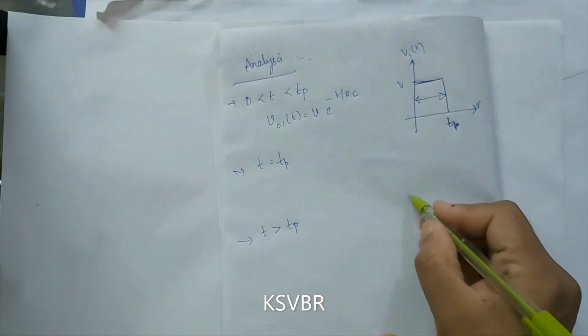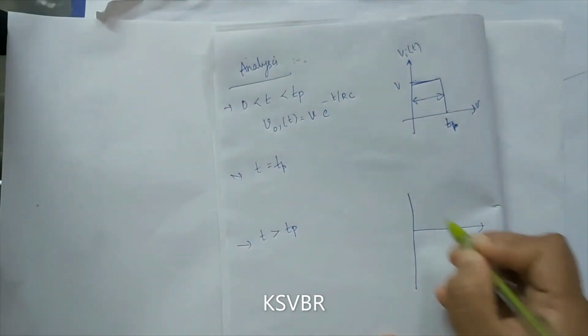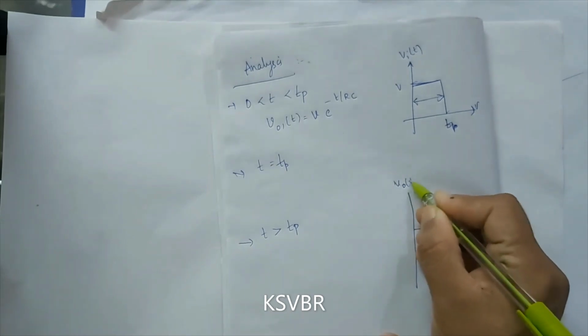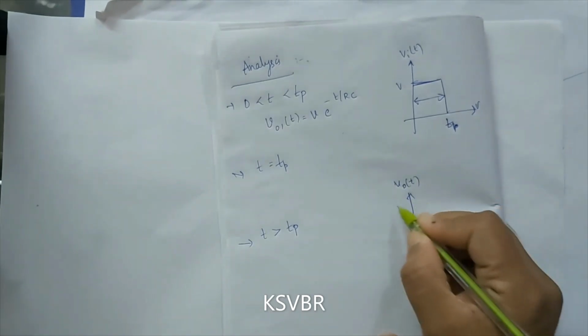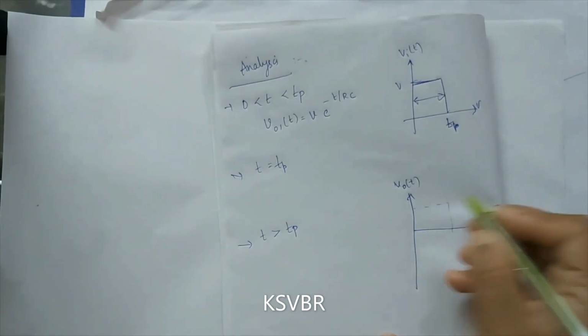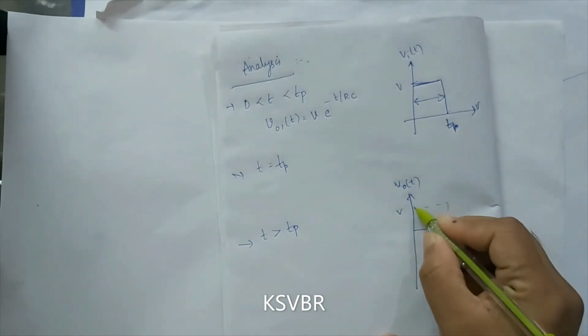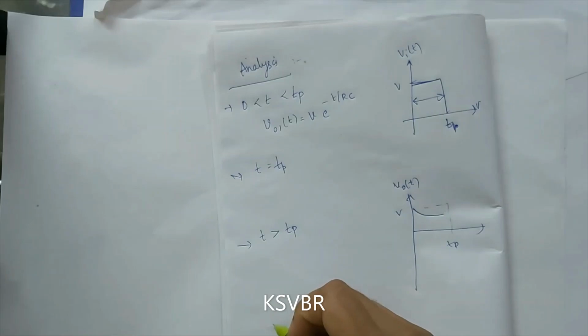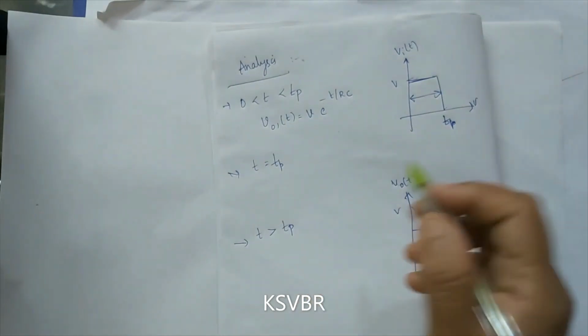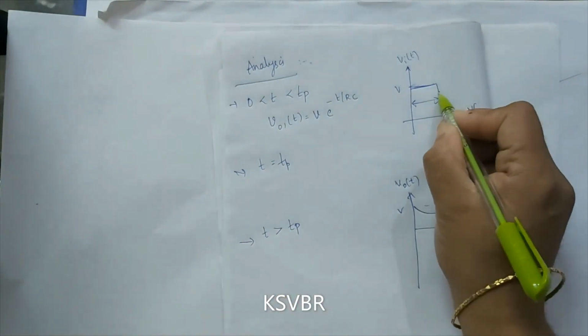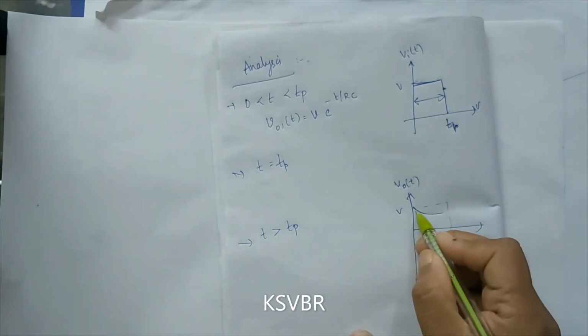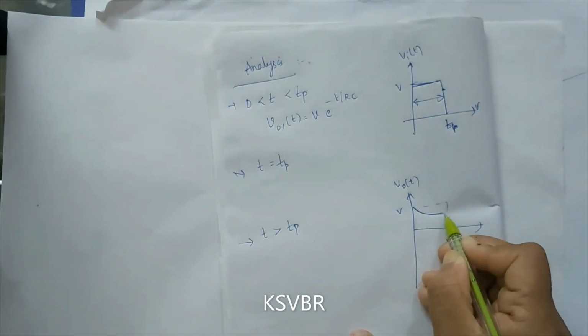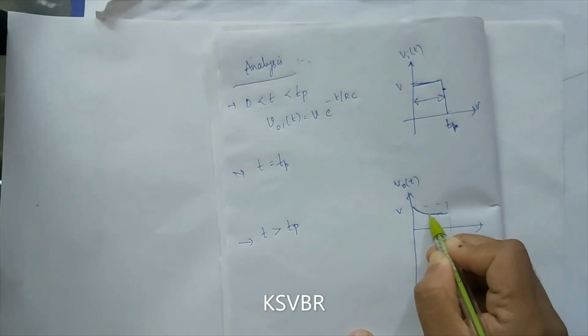Parallelly I'll draw the output waveform here. This is my input V, tp. So from V it decays. Next, at t is equal to tp, the decaying continues, decaying towards 0.